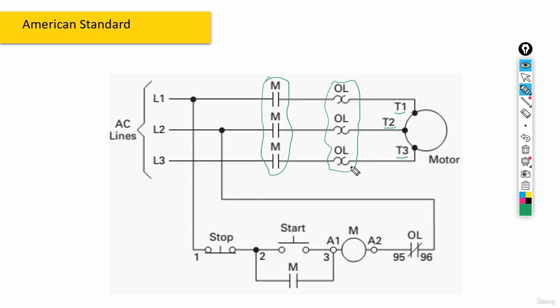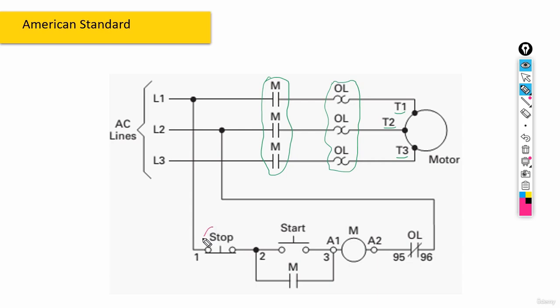And we also have a control circuit here. First off, the control circuit is being fed by two of the phase lines, for example, here by L1 and L2. And another thing that might catch your eye would be the order of setting the equipment. The order is actually different from what we used to see in the IEC standard.